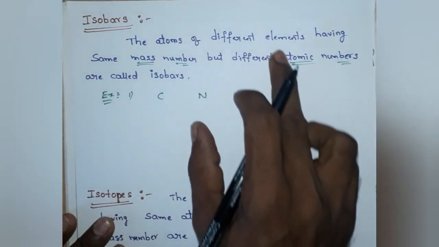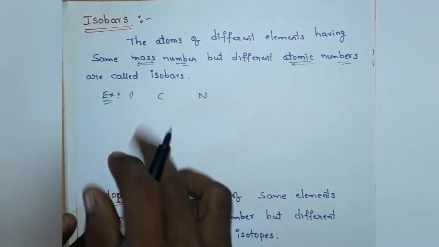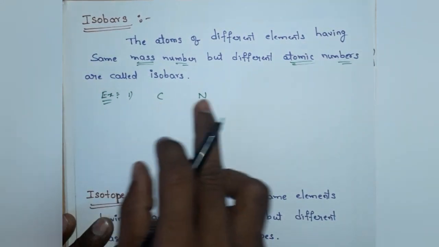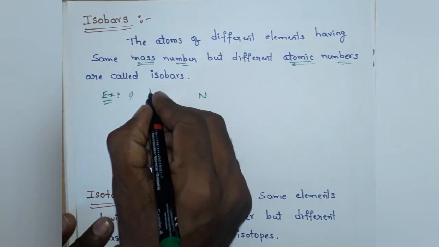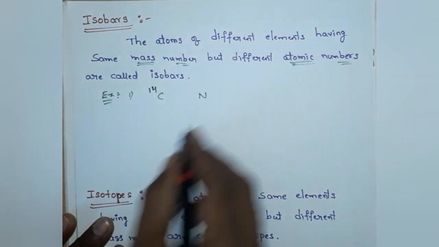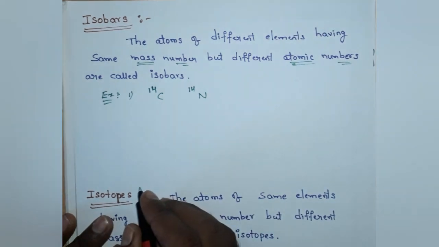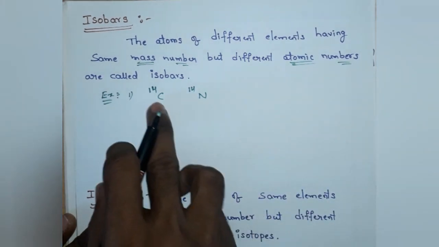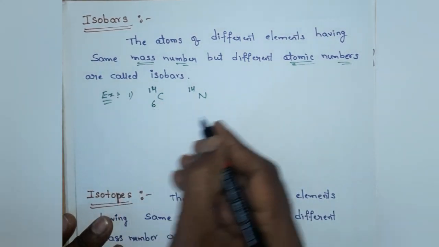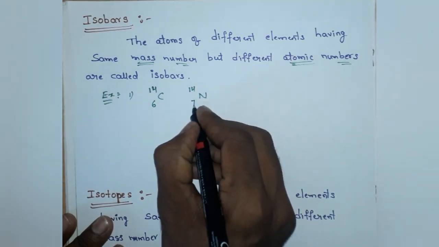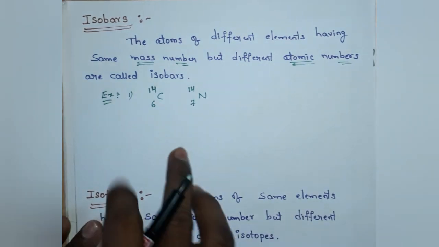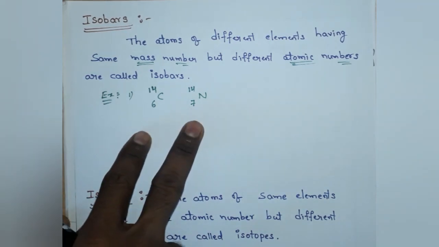Both elements have the same mass number, 14. The atomic number of carbon is 6, the atomic number of nitrogen is 7. This is an example of isobars.